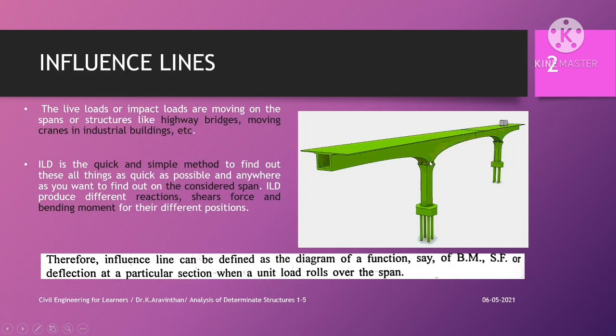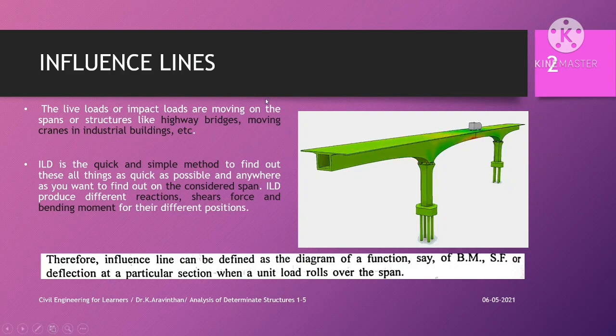So the influence line is a defined pattern of bending moment, shear force or reaction. For each and every case, if you want to find bending moment of this structure, shear force, or deflection, there will be a particular pattern. Whatever might be the load, the influence line is the same.